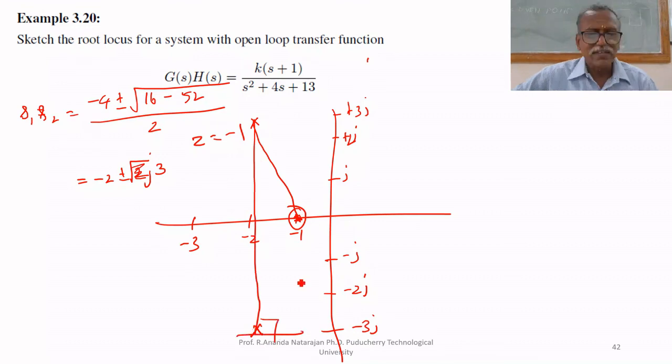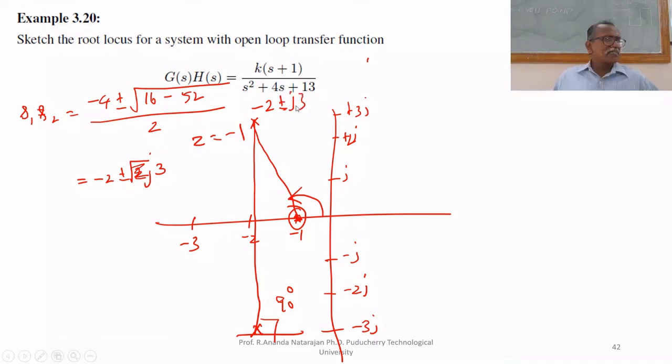What is this angle? It is obvious, 90 degrees. What is this angle here? Minus 2 plus j3.